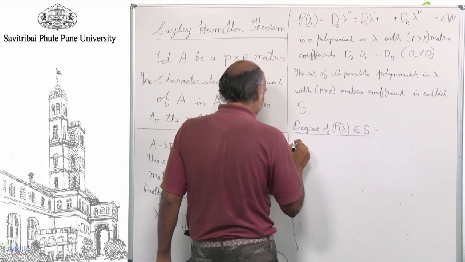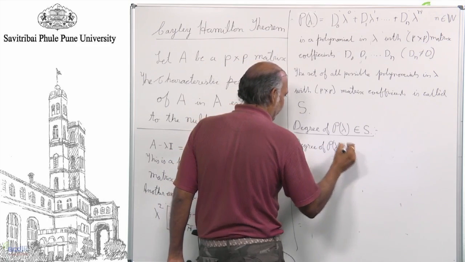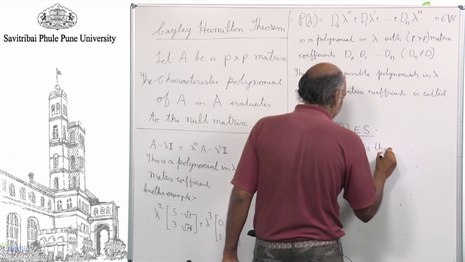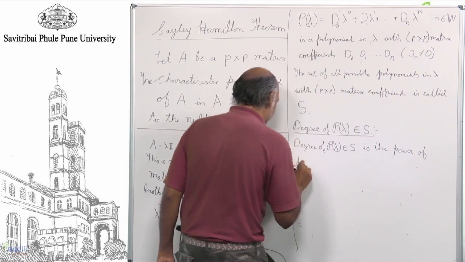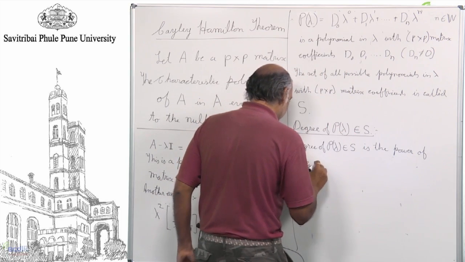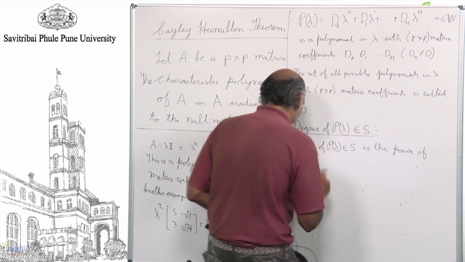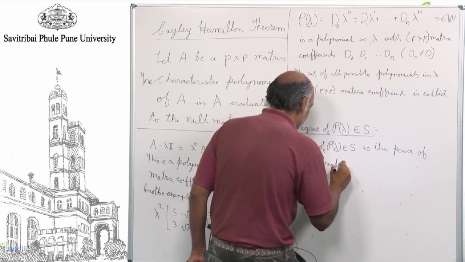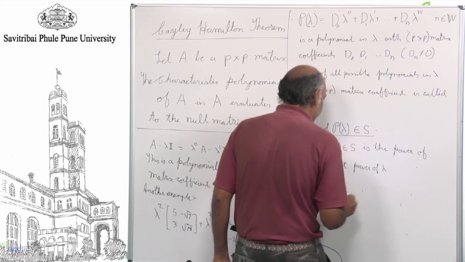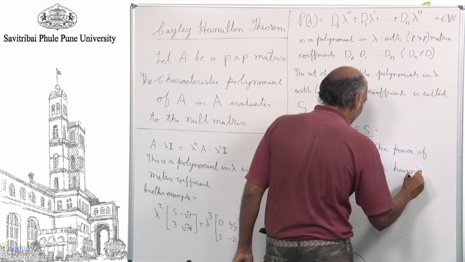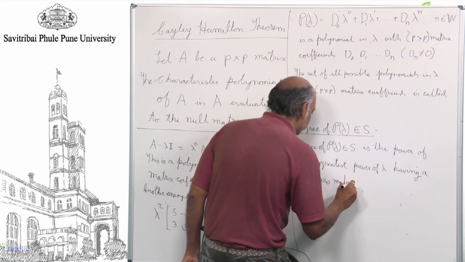The degree of script P of lambda belonging to S is the power of the greatest power of lambda having a non-zero or non-null matrix coefficient.